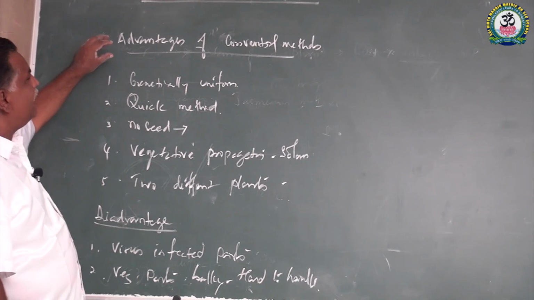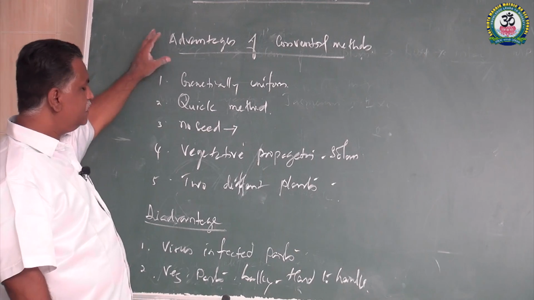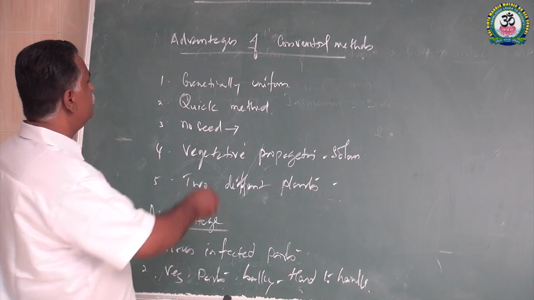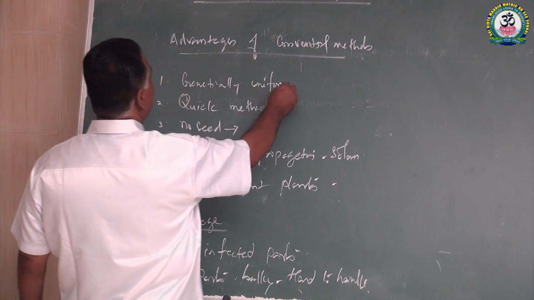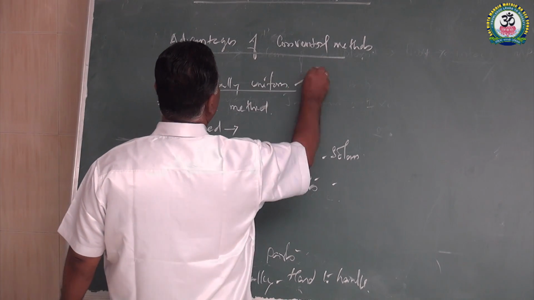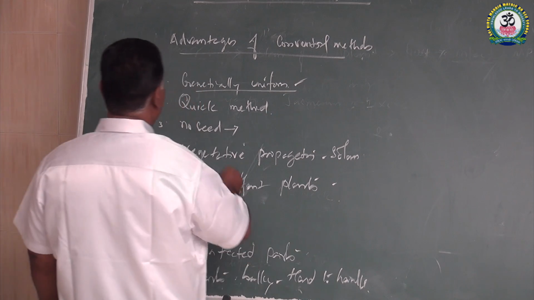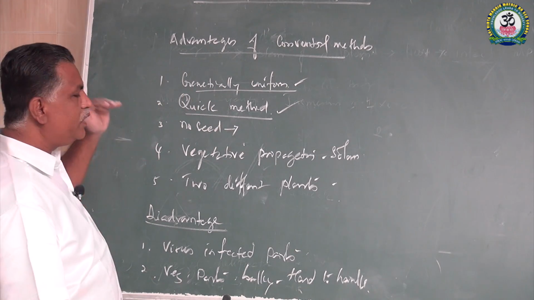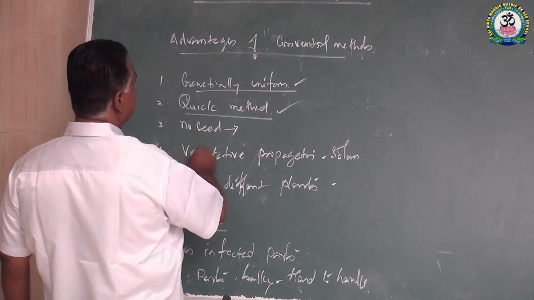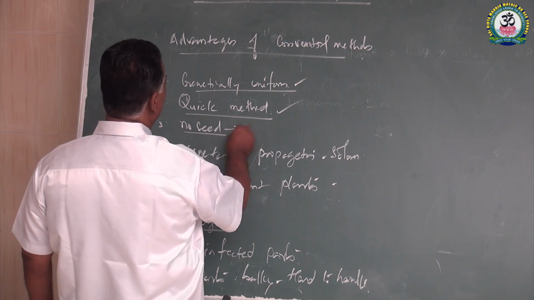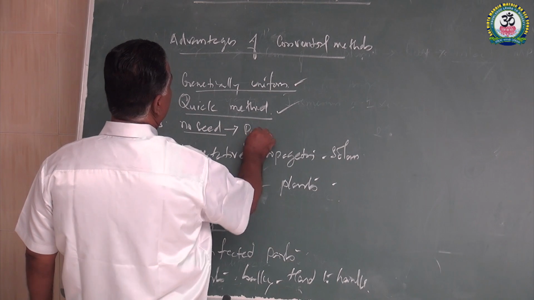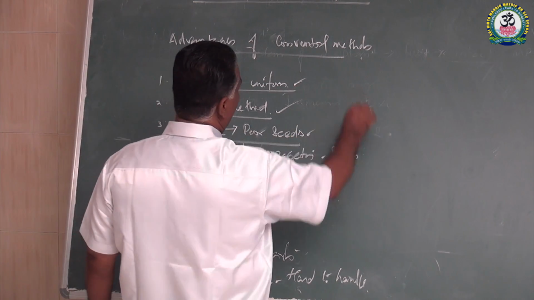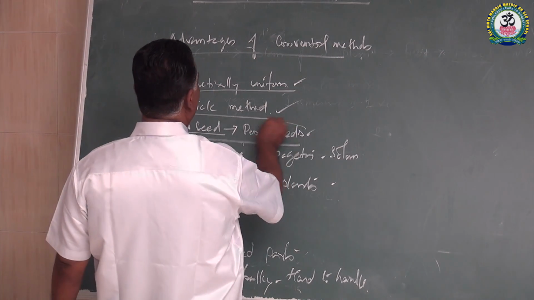Now we will discuss the advantages and disadvantages of conventional methods of propagation. The advantages are that all the plants produced by this conventional method are genetically uniform, and it is a quick method of propagation. Third, and very important, some commercially valuable plants produce poor seeds or no seeds, and the seeds are not viable.